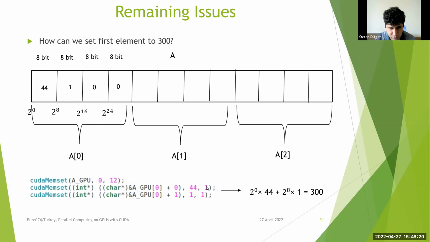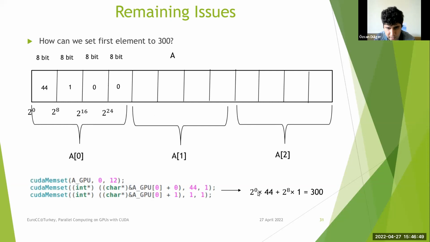This is 1 byte, so we set 44 to the 1 byte starting from the first byte. Then we are accessing the second byte of the first element of the array, and we set 1 to here.